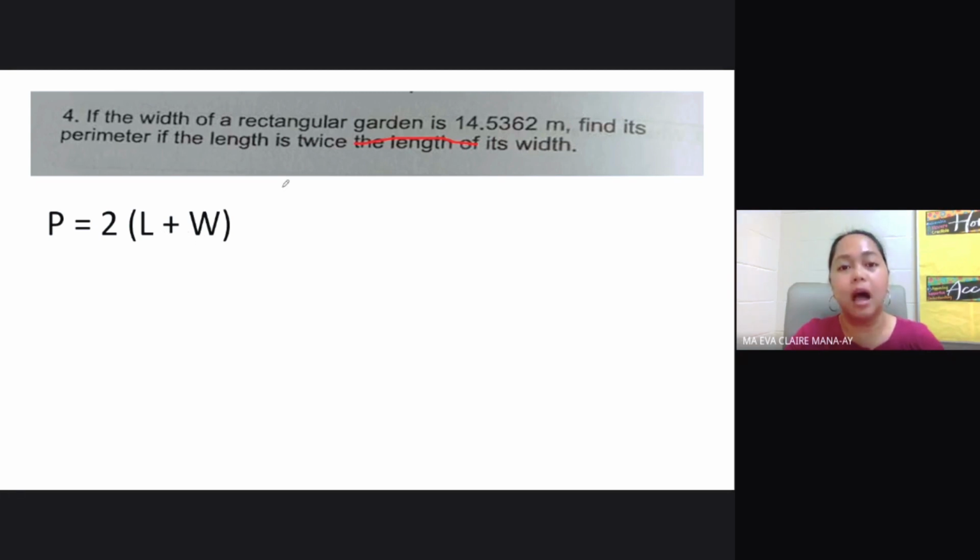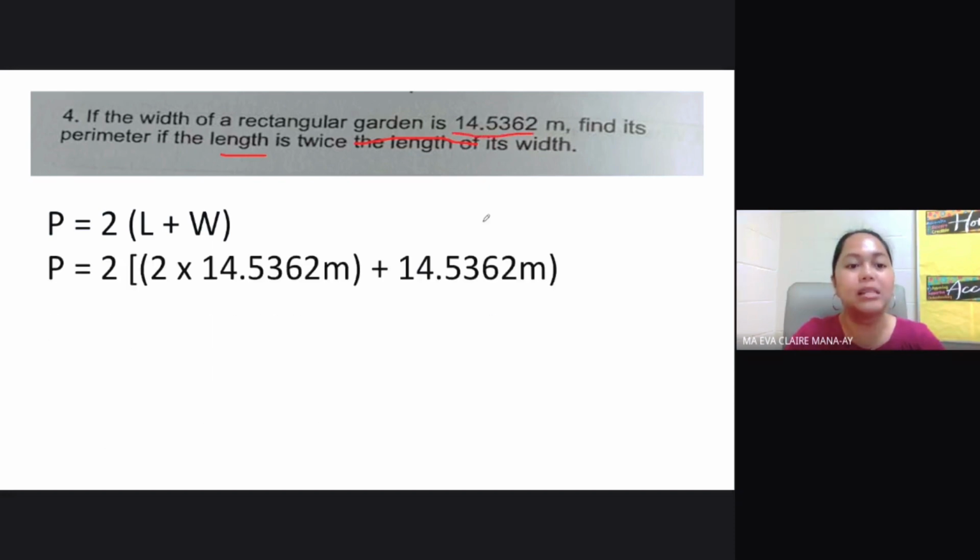Now again, in our problem here, we are not given the value of length. We're only told that the length is twice its width. And we are, of course, given the value of our width. Okay, now we can say that the perimeter is equal to 2 times the quantity. We multiply the value of our width here so that we can get the length.